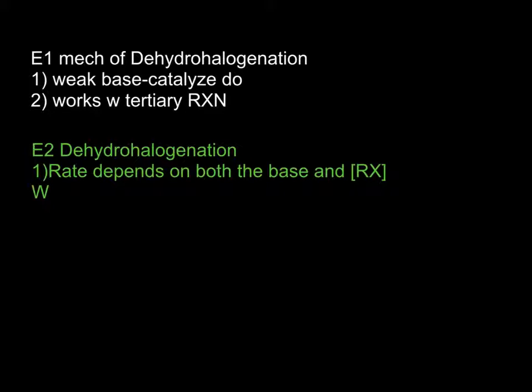Two is that the rate depends on the identity of the halogen. So it depends on the identity of X.